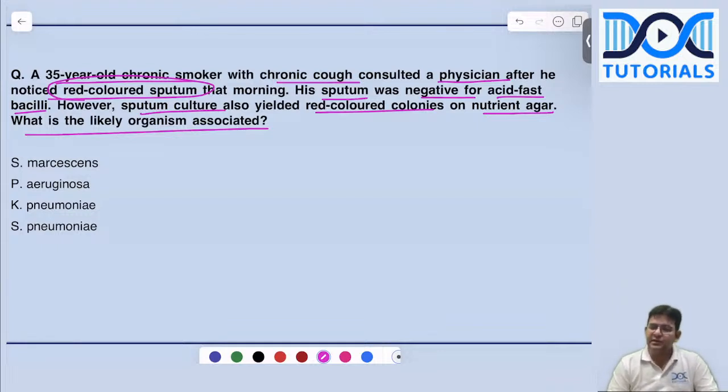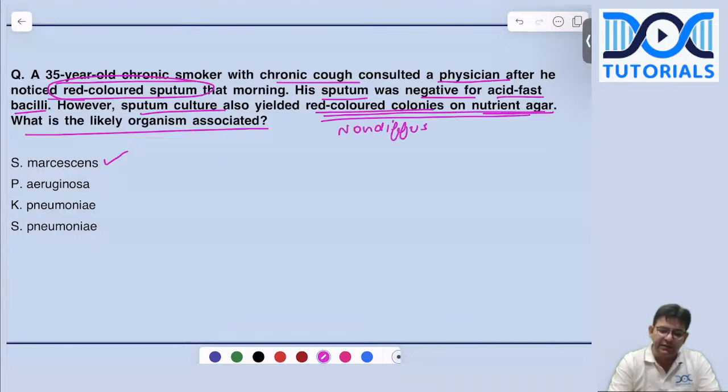The final answer to this question is A, Serratia marcescens. Why? Because red colored colonies on nutrient agar is the hint, which is a non-diffusible pigment produced by Serratia marcescens.